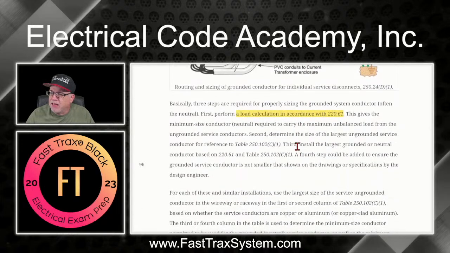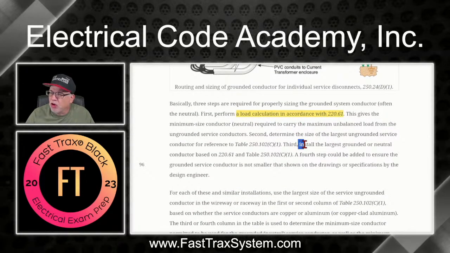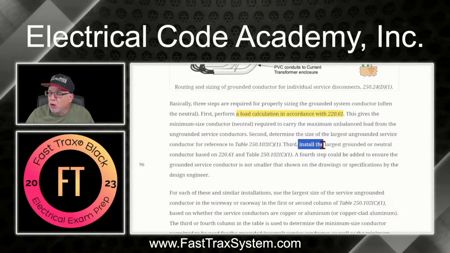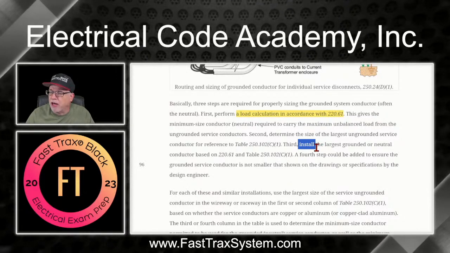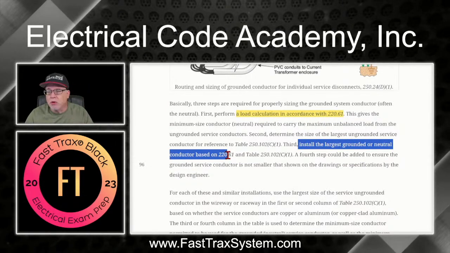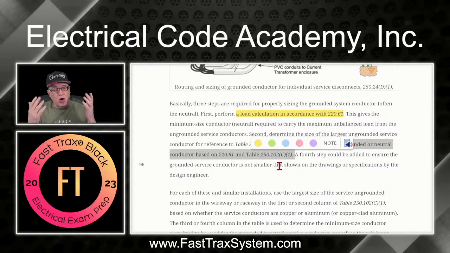Okay. And then third, we install the largest grounded or neutral conductor based on the difference in those two, whether it's 220.61 or 250.102C1, whichever resulted in a larger.